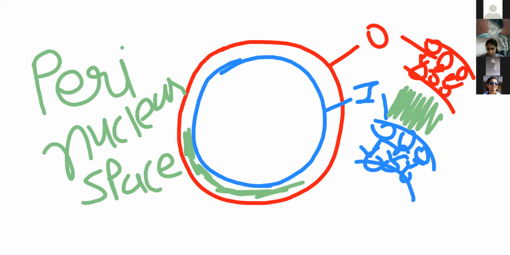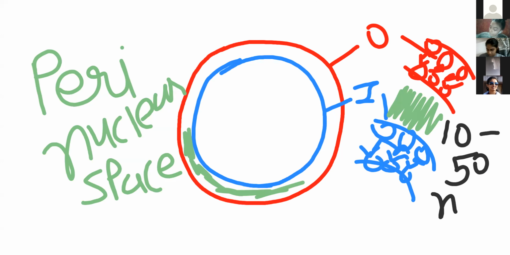Now, next thing, the size of this perinuclear space is 10 to 50 nanometer. Remember the unit. If you remember micrometer, it will be wrong. 10 to 50 nanometer.